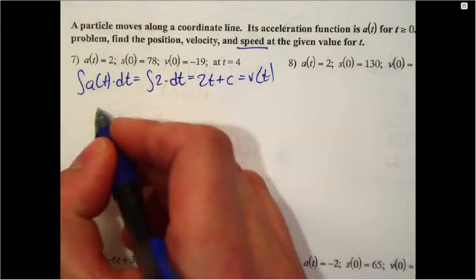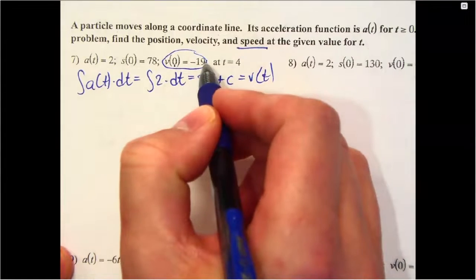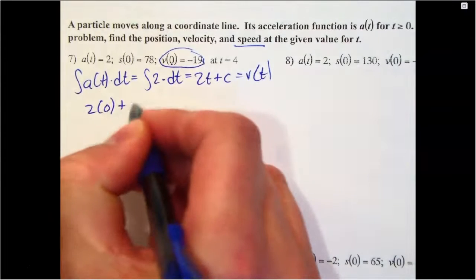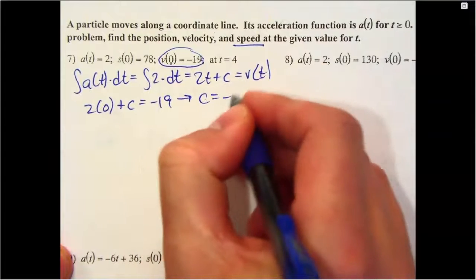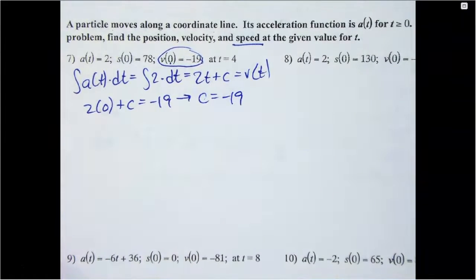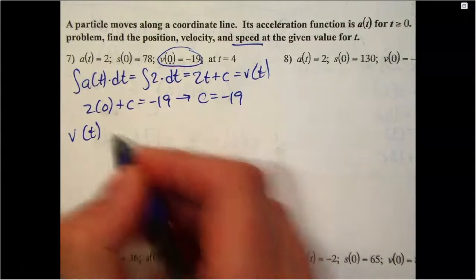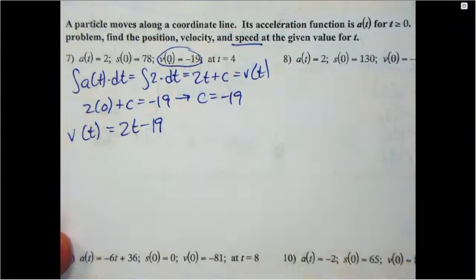And then I know that time is 0, velocity is negative 19. So 2 times 0 plus c equals negative 19 would give me c equals negative 19. Therefore, velocity equals 2t minus 19.